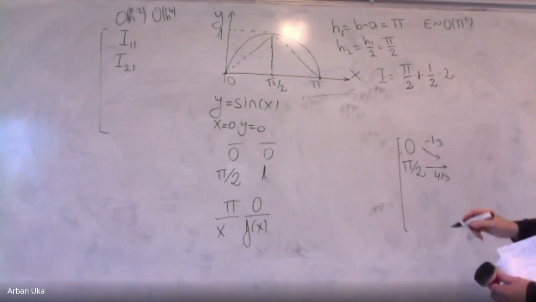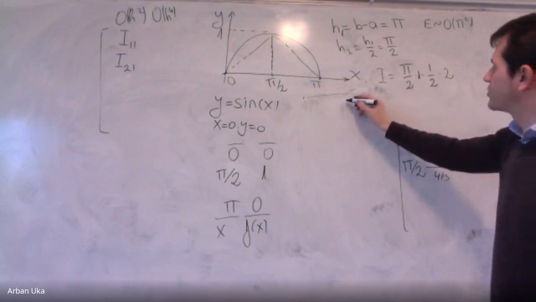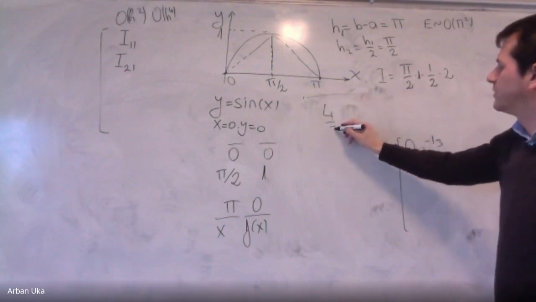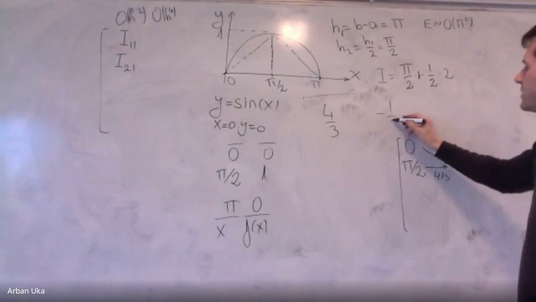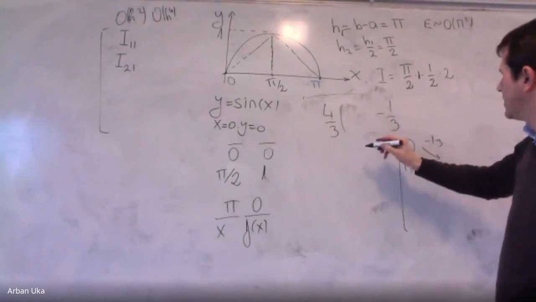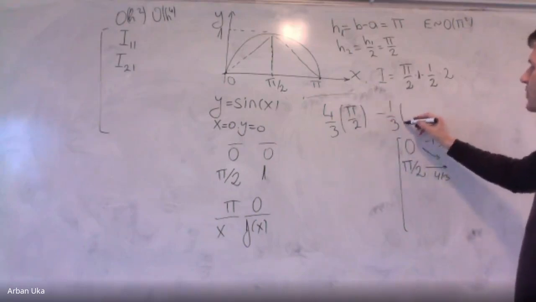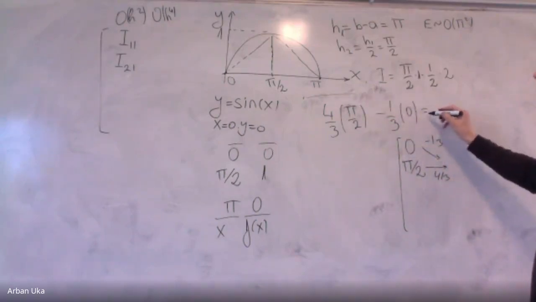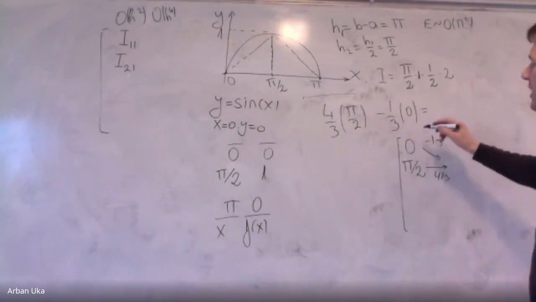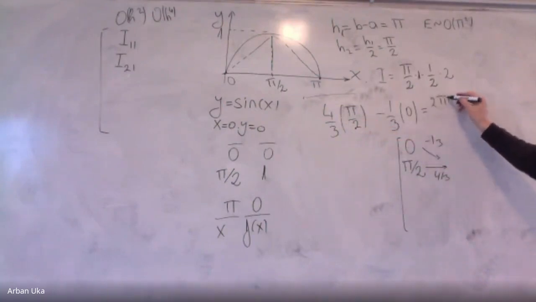So what is the result? The coefficients are 4/3 and minus 1/3. So 4/3 times pi over 2, minus 1/3 times 0. We get 2 pi over 3.